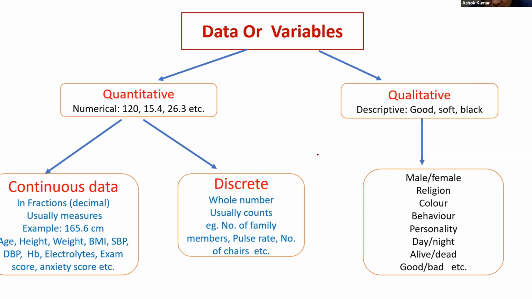These are alive and dead, good and bad, etc. So these are qualities and many more things. Whenever we collect data, we have to understand whether this is quantitative or qualitative data, and whether it is continuous or discrete data. After that, we can perform the statistical test.